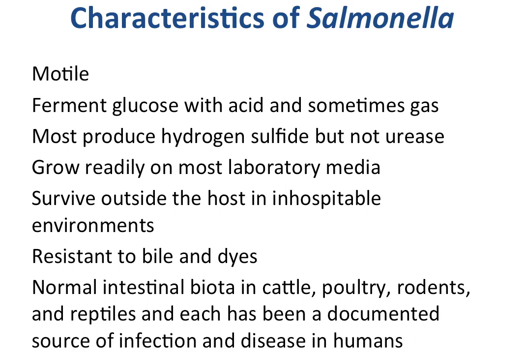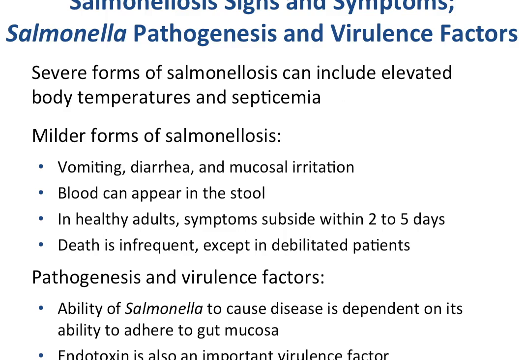Salmonella is normal biota in cattle, poultry, rodents, and reptiles. That's why many chickens have Salmonella, because it is normal biota in chickens. The disease Salmonella causes is called salmonellosis.